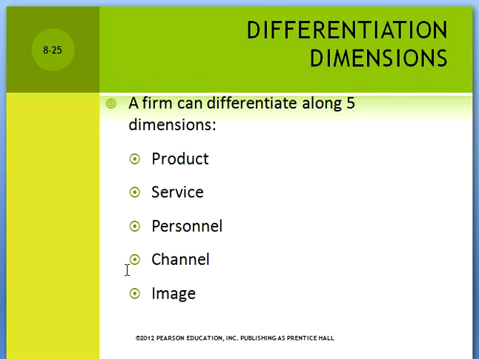That could be another way of differentiating yourself. Then finally the image. Image could also be based on the perception, could be based on the branding, or a good brand could be one way. So there are various ways by which you could differentiate your products and services, and it is true online as well.